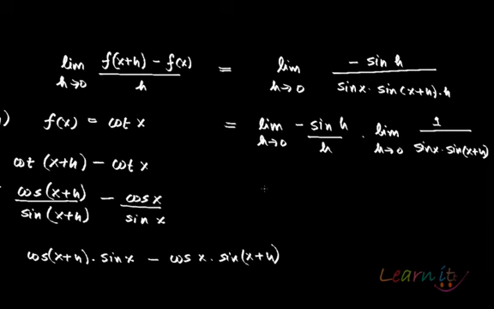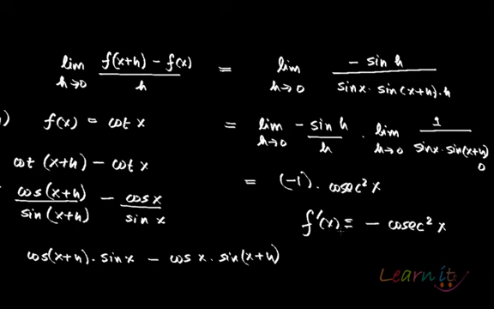So sin h by h will be equal to 1, and with this minus it will become minus 1, and wherever h is, you'll just put it equal to 0. So it is 1 upon sin x into sin x, which will be 1 upon sine square x, which will be cosecant square x. So when f(x) is equal to cot x, f dash x is equal to minus cosecant square x.